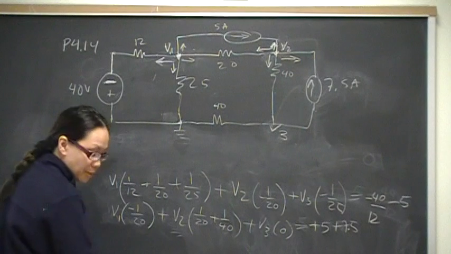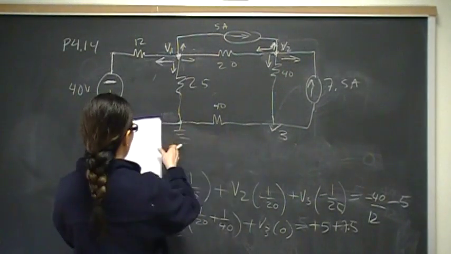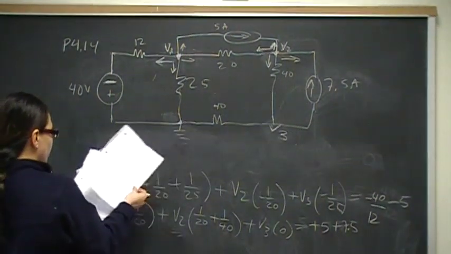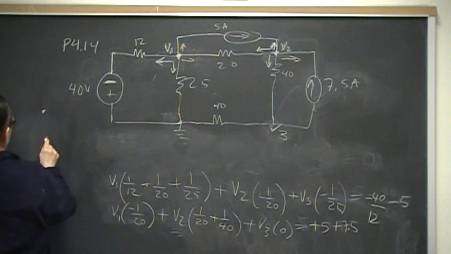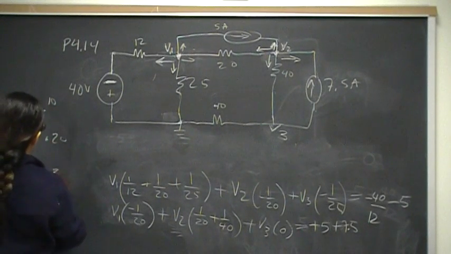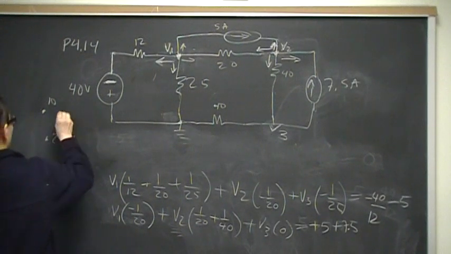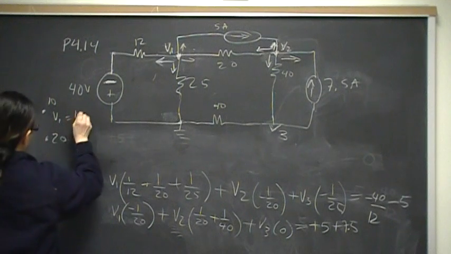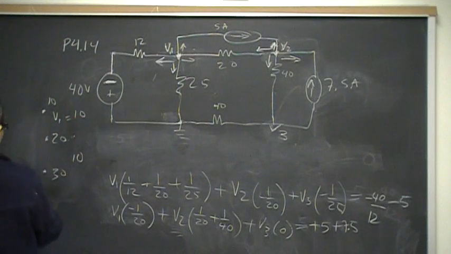The reason why I prefer to do that is that this is a node that I picked when I worked this out initially, and I've already calculated the voltages. Remember, if you have like 10 volts, 20 volts, and 30 volts, and you pick this as your point of reference, then V1 is going to be 10, and then V2 is going to be 10. But if I pick this as my point of reference right here, then V1 is going to be 30 volts with respect to that.